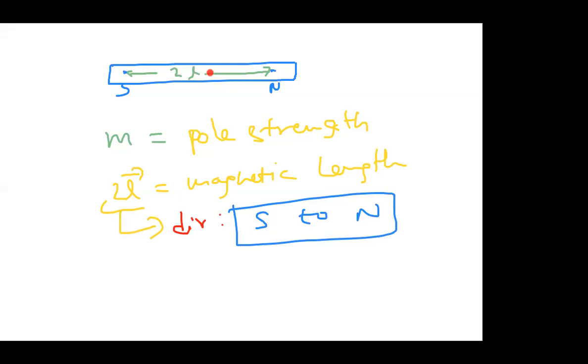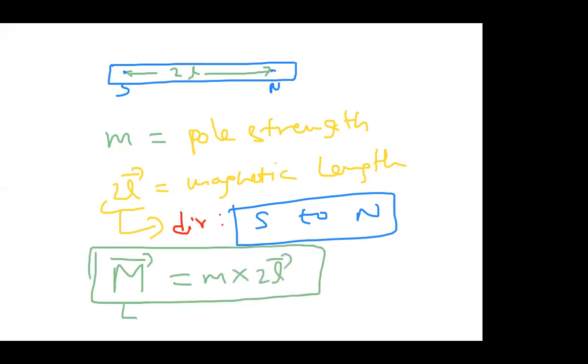As the direction is from south pole to north pole, now magnetic moment capital M bar is equal to small m into 2L bar, as we have written. The direction of magnetic moment is also from south pole to north pole.